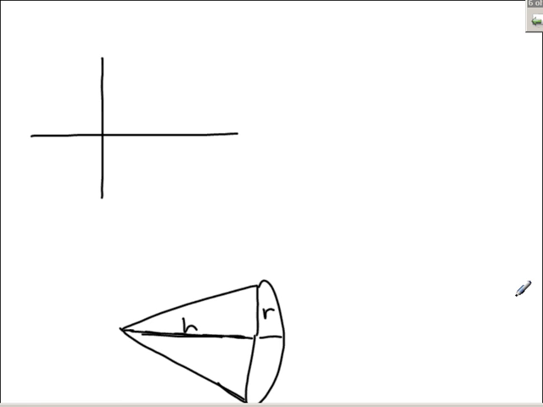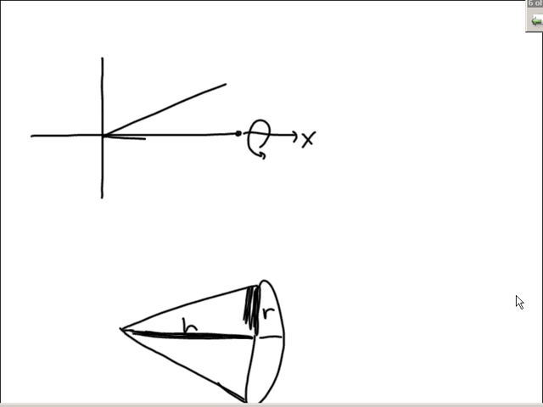The cone has a radius, which is that distance, and it has a height. Okay? So, if I take this line and I revolve it around the x-axis, I will get a cone.